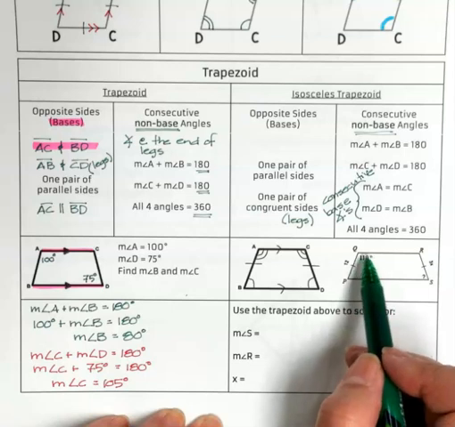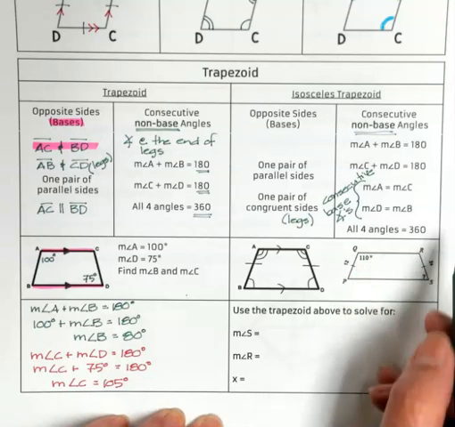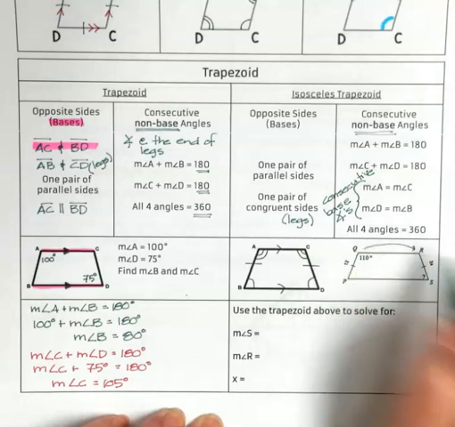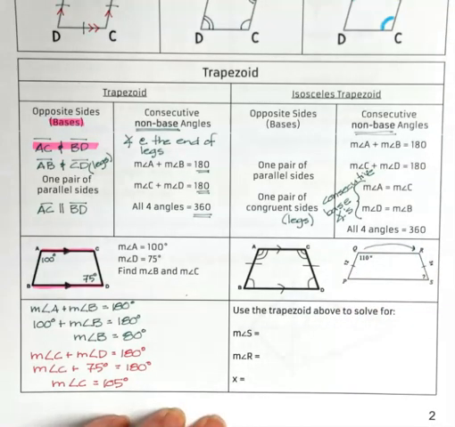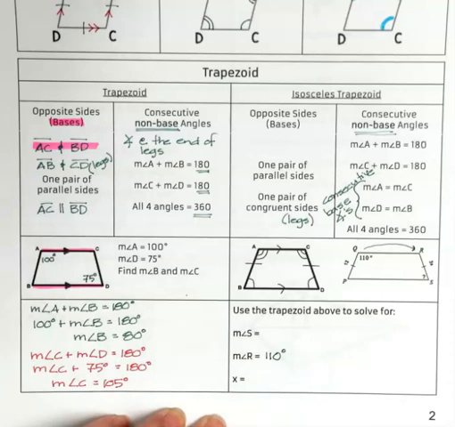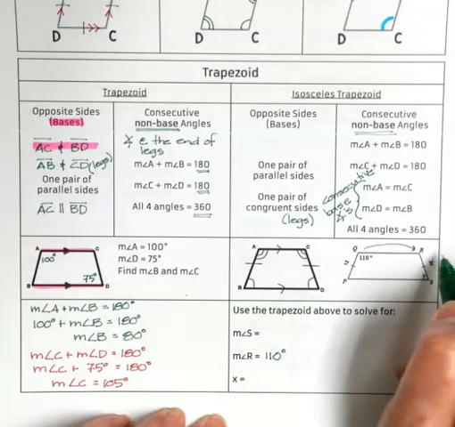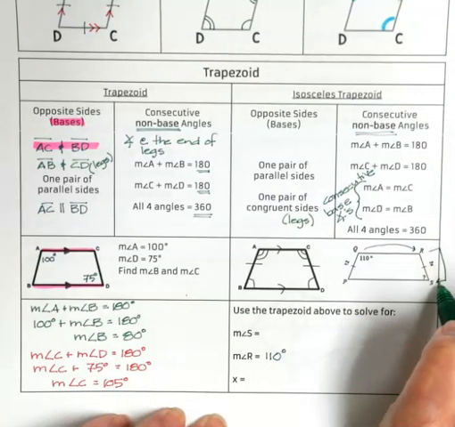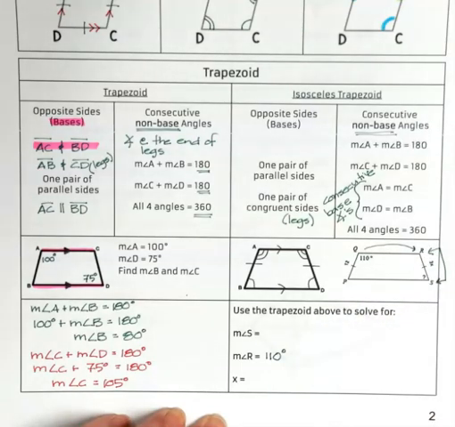So if I know Q is 110 degrees, I know R because R is a consecutive base angle. So R is going to equal 110 degrees, the same as Q. Now, when I want to find angle S, notice that angle R and angle S are consecutive non-base angles.